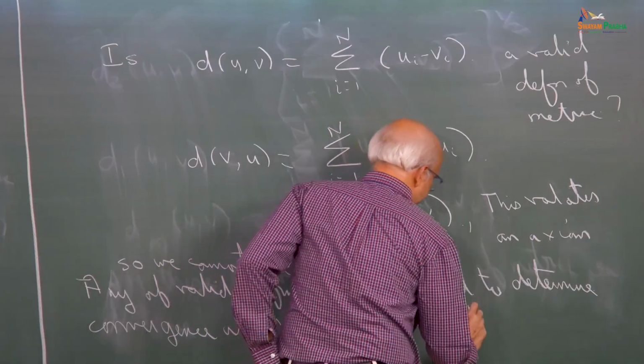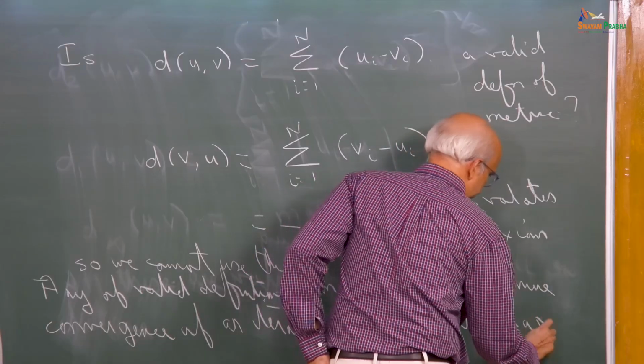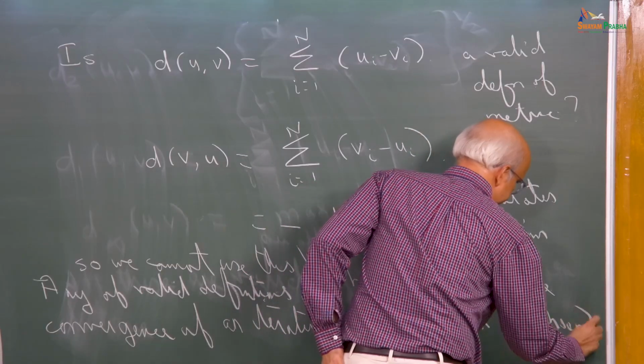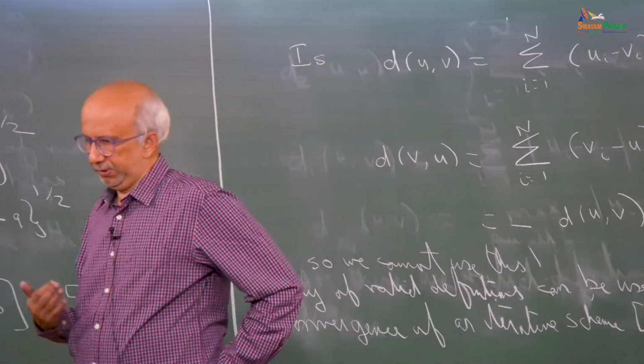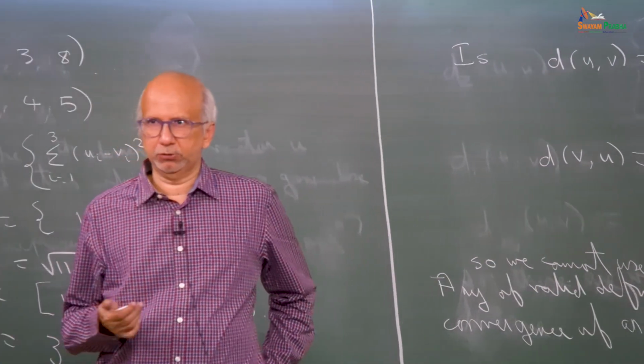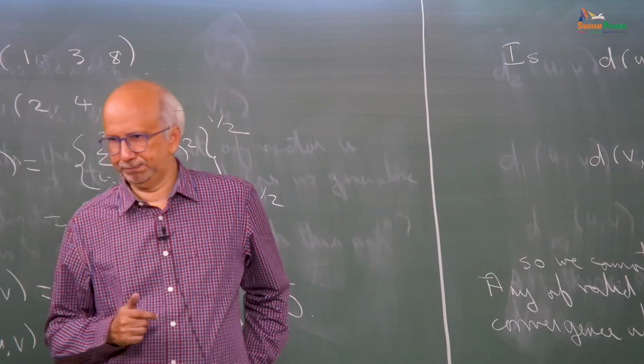For example, I will just write down the Newton-Raphson method. When you do the Newton-Raphson method, you do an iterative scheme to solve nonlinear equations. You want to make sure the two things are close to each other.